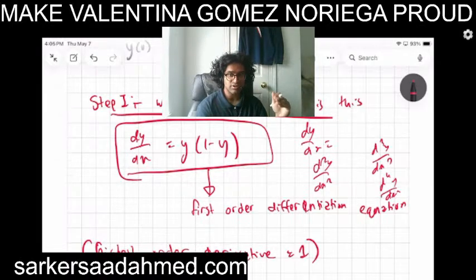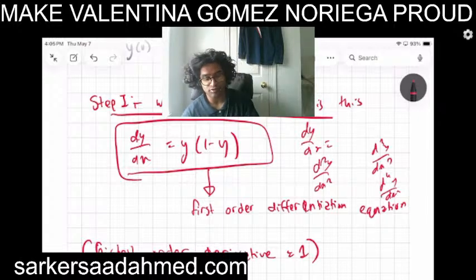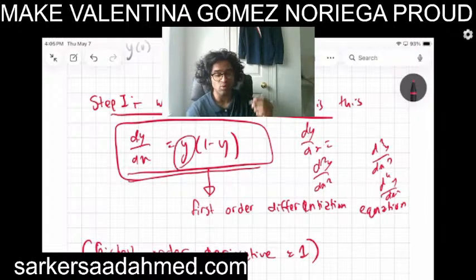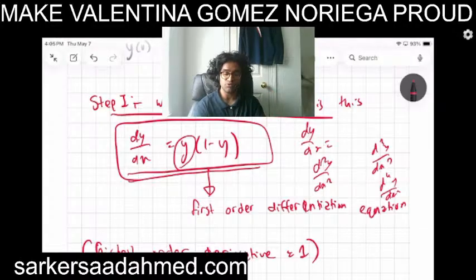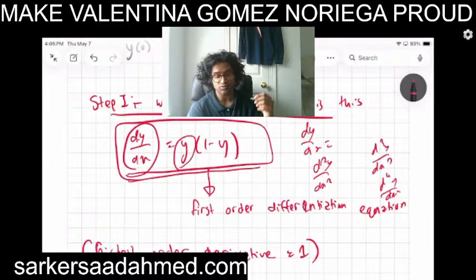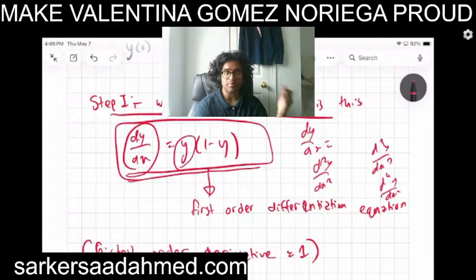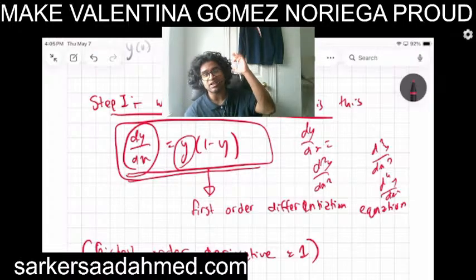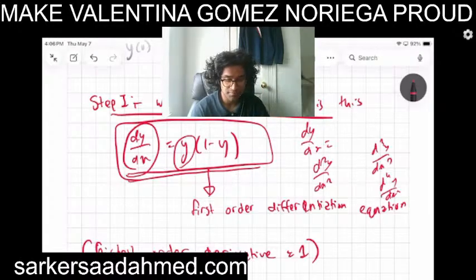If I have d square y by dx squared, that will be the second order derivative being the highest. If I have d cube y by dx cube, that will be the third order derivative, which is highest. As the order increases in value, the highest order derivative will change.